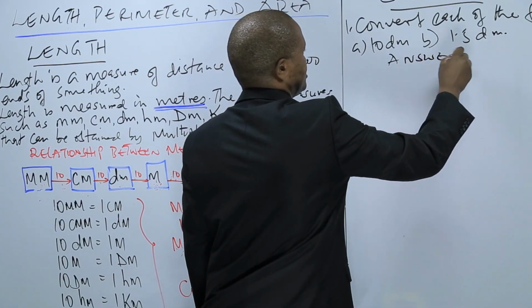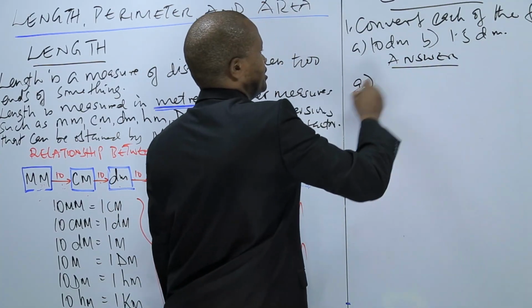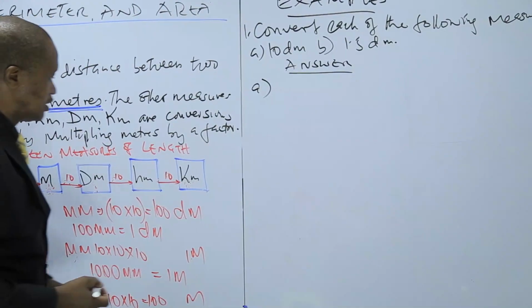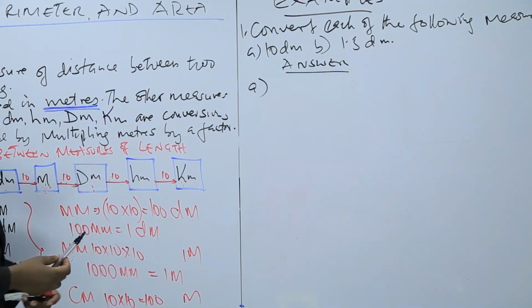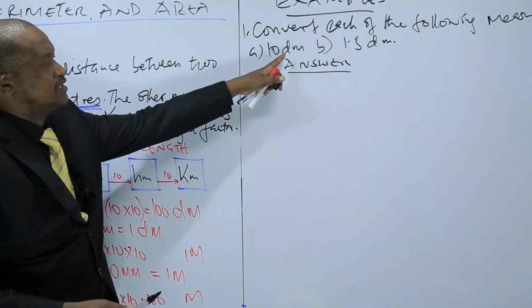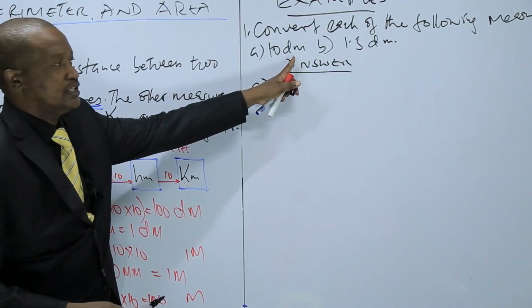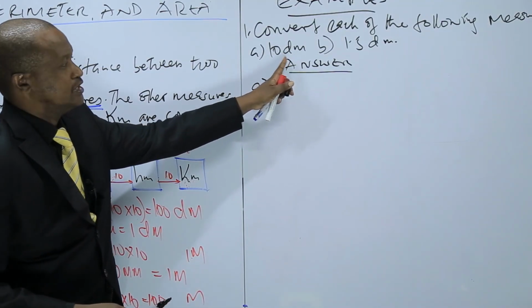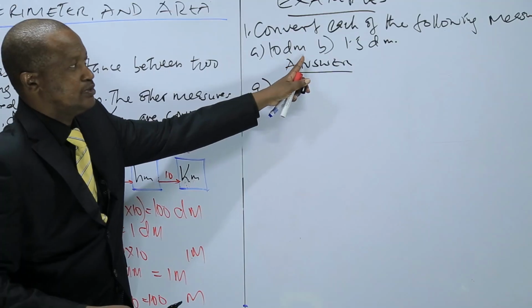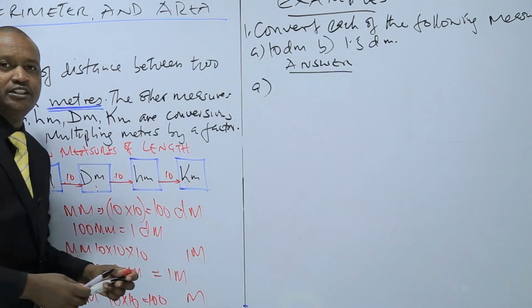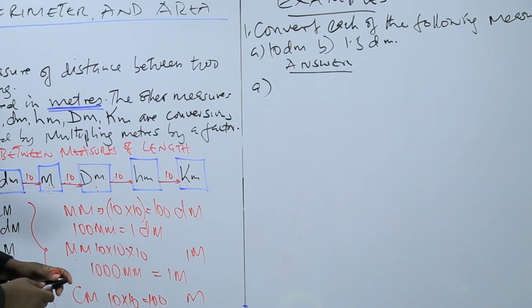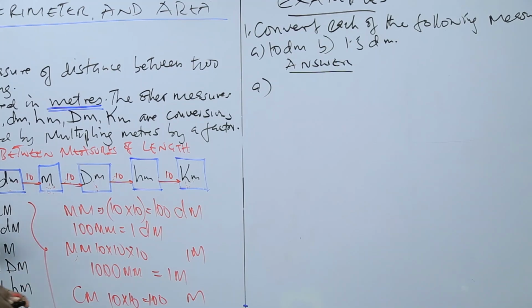What is the answer? In answering part A, learners, we come to our diagram. We want to convert 10 decimeters into centimeters. Decimeter is a bigger unit compared to a centimeter.